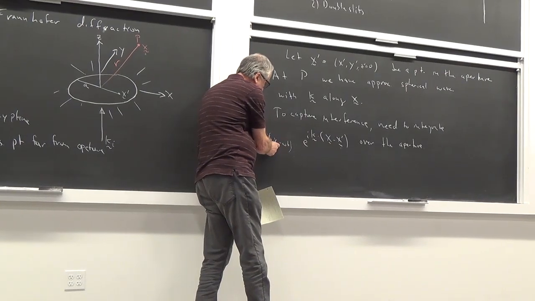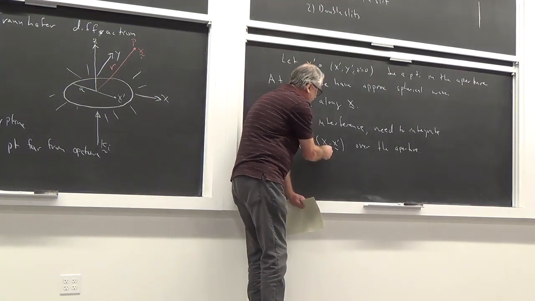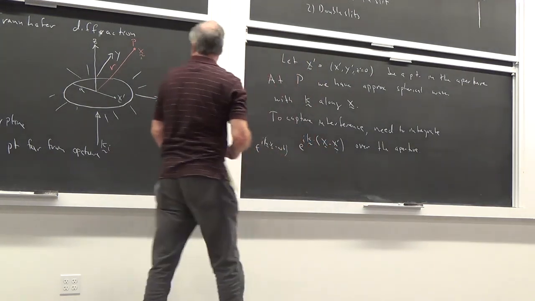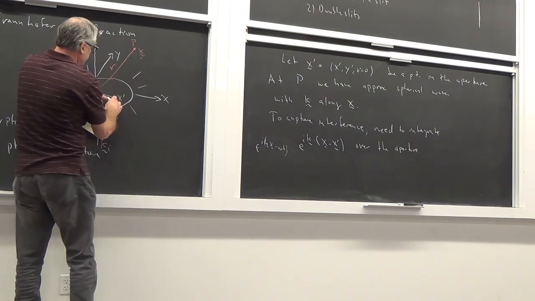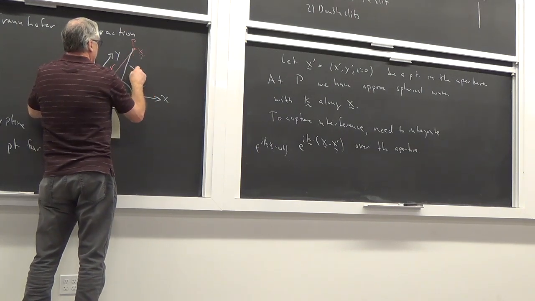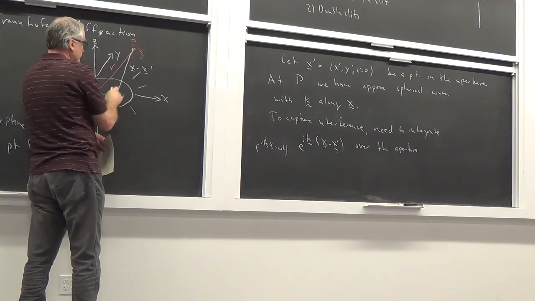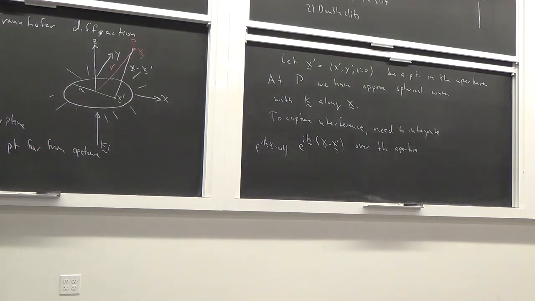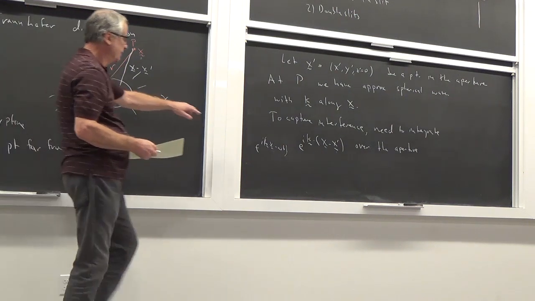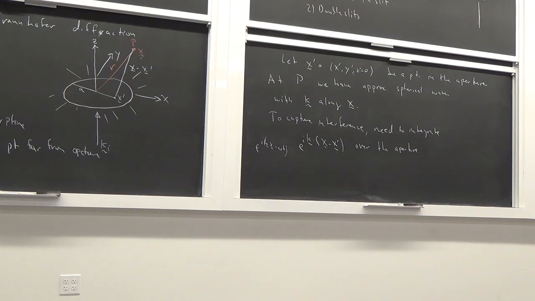And so I just have an e to the i k dot x. But the x minus x prime comes because I am considering the effect of a source here. So this vector is x minus x prime. If the source is over here, it's e to the i k times x minus x prime, rather than just e to the i k x here.